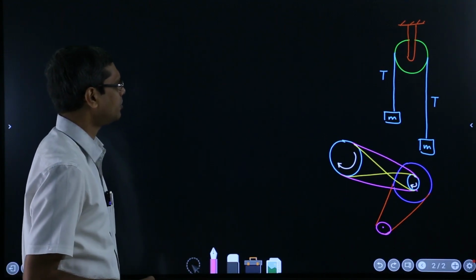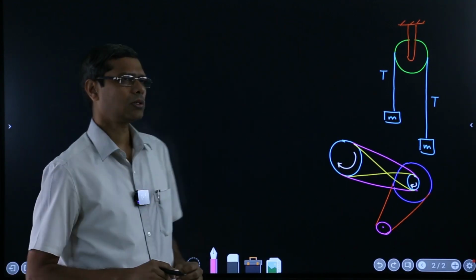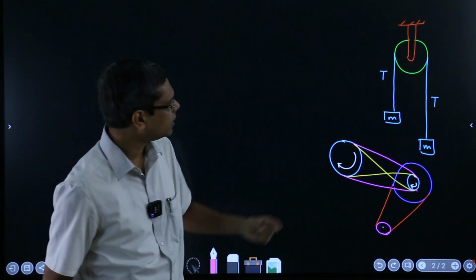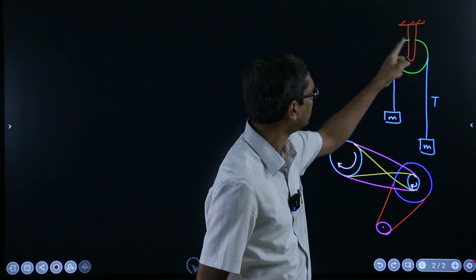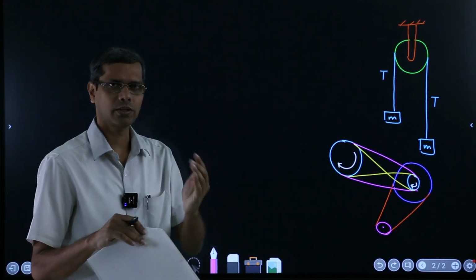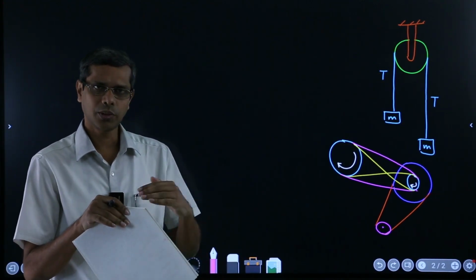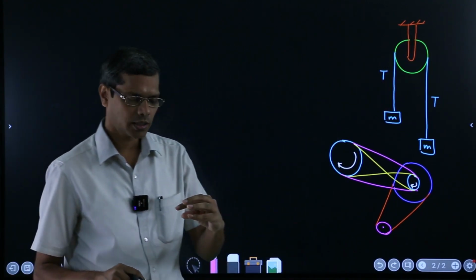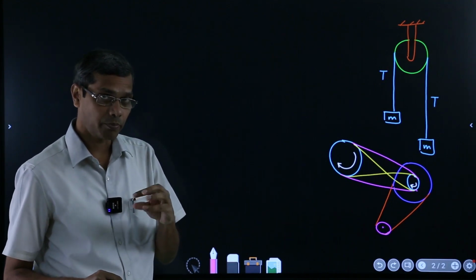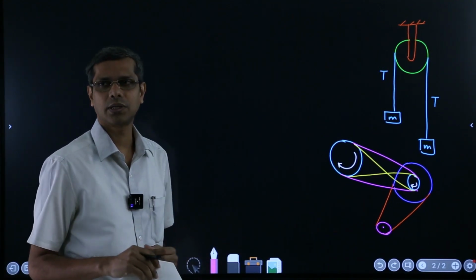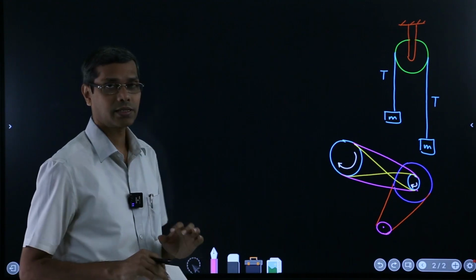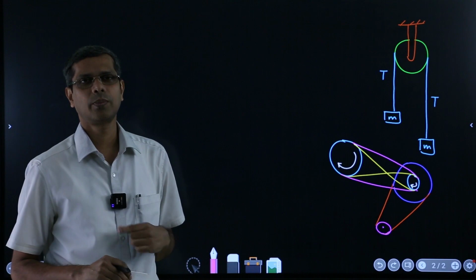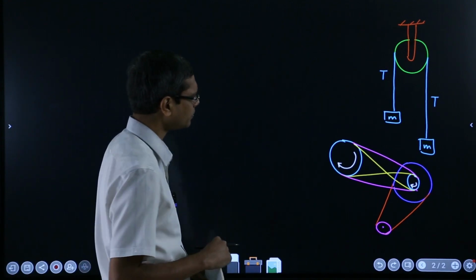Now when I say pulley friction, students generally have a confusion about whether the friction exists at this point where the belt or the thread is connected to the pulley, or the friction is at the pin joint where it is connected to the shaft or the axle. That's a very genuine question which needs to be thought about and discussed. It's very important.